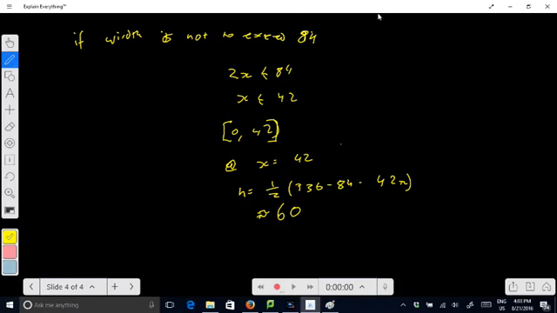So the width is equal to 2x, which is 84, and our height is h plus x. If we work that out, we get 102. With the restriction, the area of the window will be greatest if its width is 84 and height is 102.